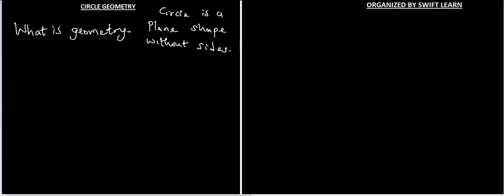That means, when I say side, take a square for example: you have this side, this is another side, this is another side, and this is another side. A circle just has a single side and is of the angle 360 degrees. That means it is bounded by the circumference.